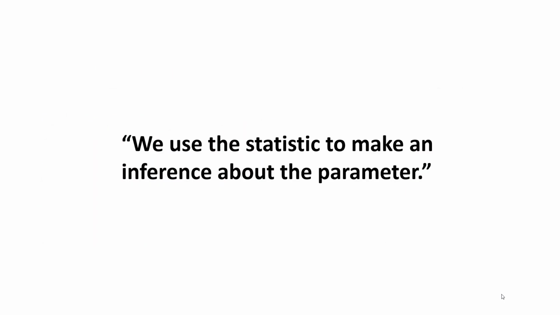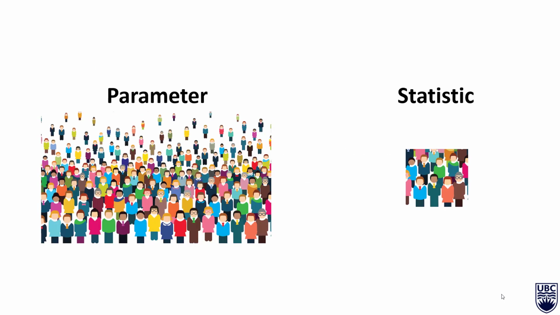So moving forward to parameters and statistics. When we're talking about statistical inferencing, we're still talking about research questions. So if we have a research question and we want to answer it, we're usually asking a research question about a whole population, and that's depicted on the left.